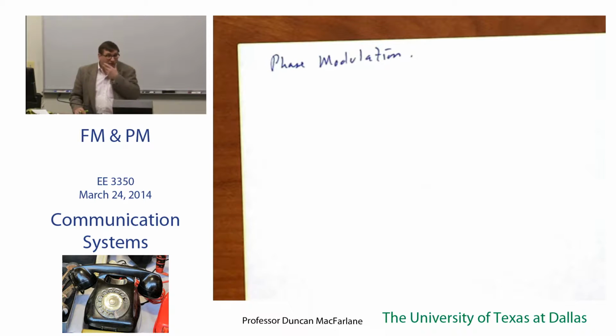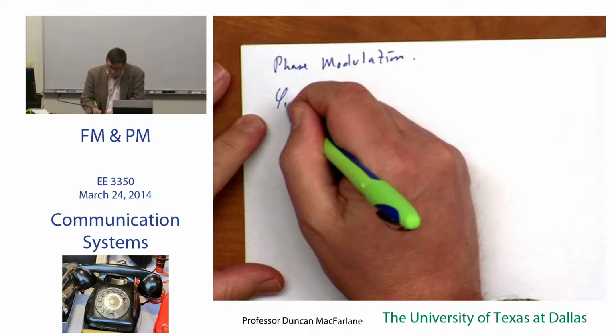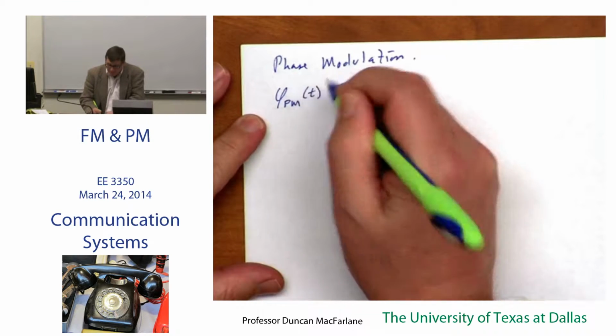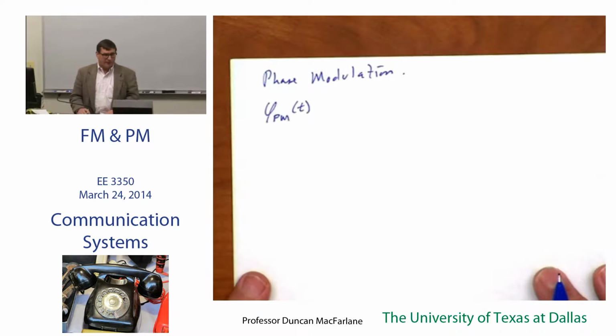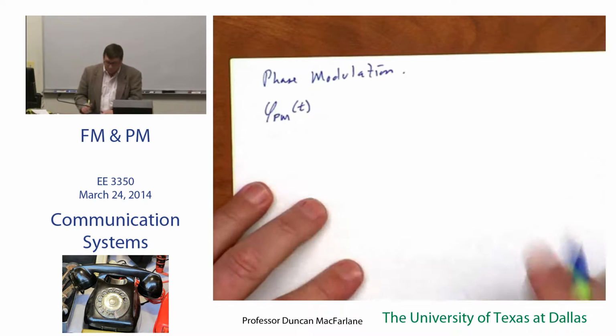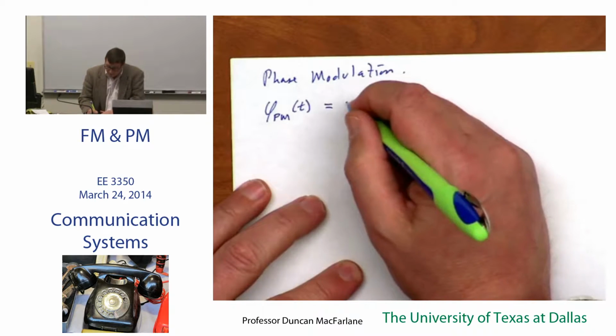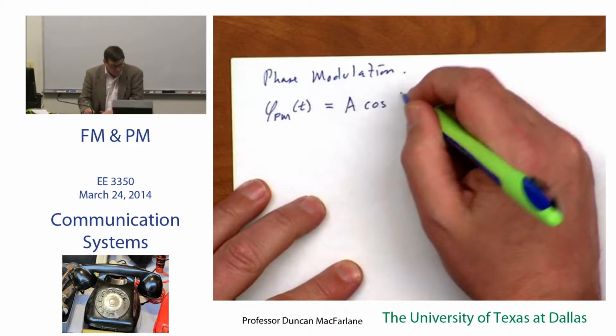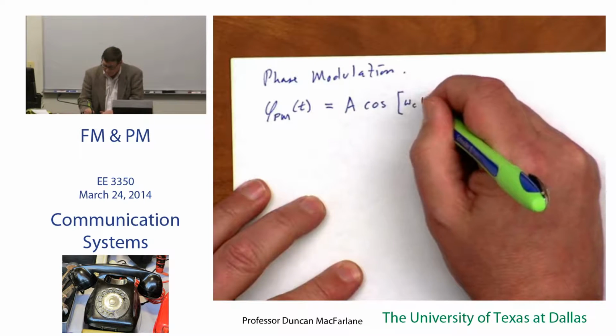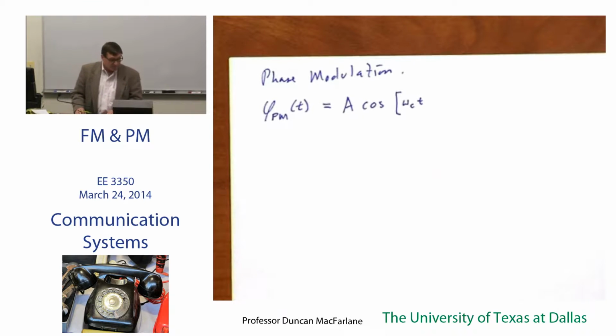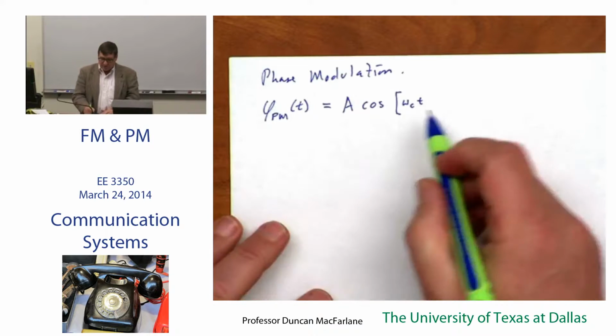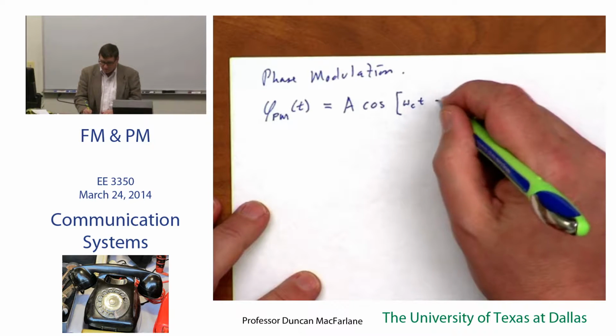The output of a phase modulator, what we send out of our transmitter down the channel, will be that psi PM for phase modulation. And because A cosine will have a carrier, and usually when I write something like this, I'll always include a phase angle.